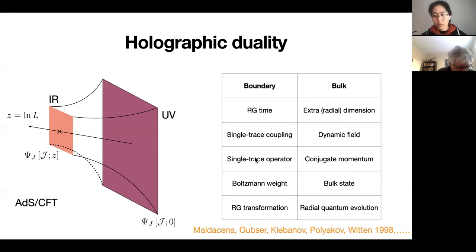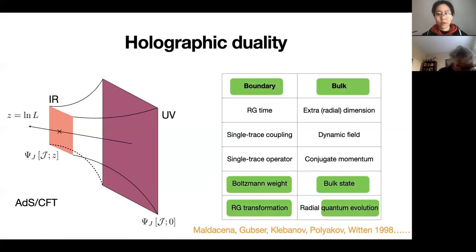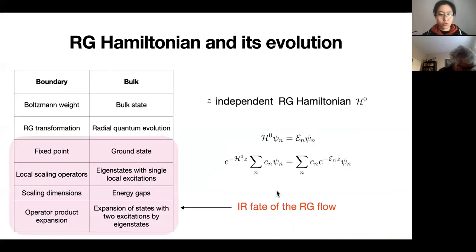Its conjugate momentum has a boundary realization as the single trace operator. Also, the wave function describing how the single trace coupling fluctuates is actually the bulk state. The quantum evolution of the bulk state along this RG time direction corresponds to the RG transformation of the boundary theory. So this is also an alternative realization of the AdS/CFT that people have studied a lot, with one-to-one correspondence to each other.